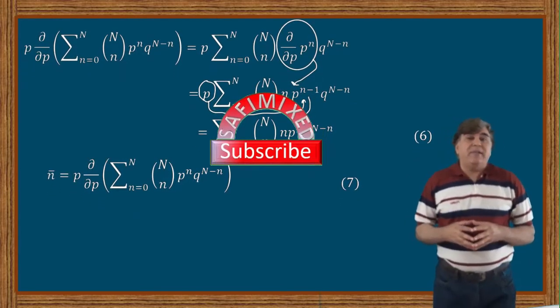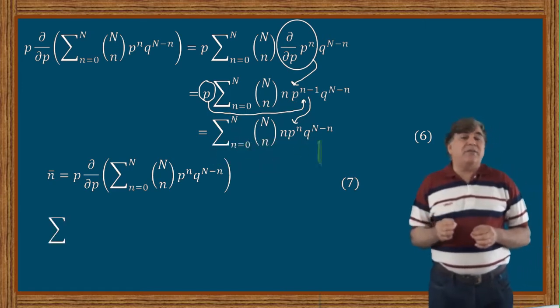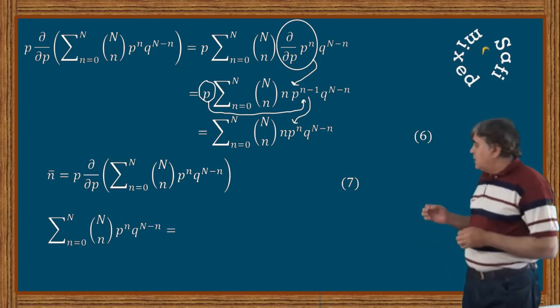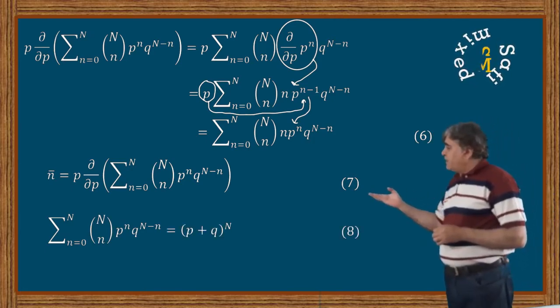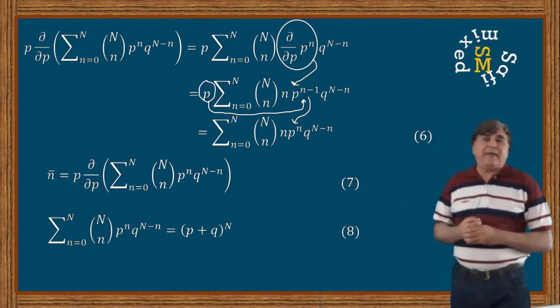But from binomial theorem, we know that the quantity inside the bracket of equation 7 is also equal to P plus Q raised to the power capital N, as given in equation 8.